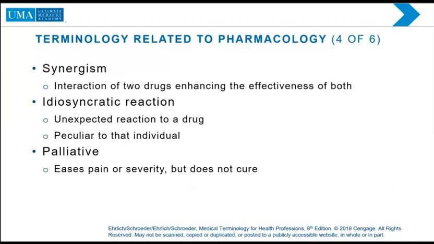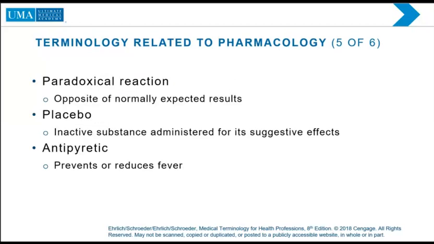Synergism is interaction of two drugs enhancing the effectiveness of both. Idiosyncratic reaction is an unexpected reaction to a drug, peculiar to the individual. Palliative eases pain or severity, but the paradoxical reaction is the opposite of normally expected results.